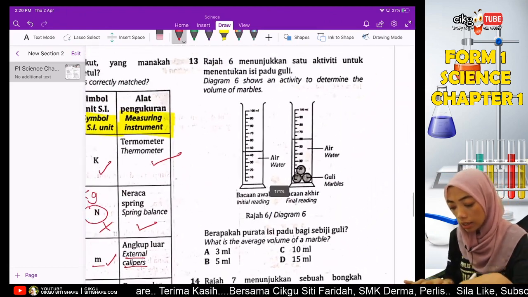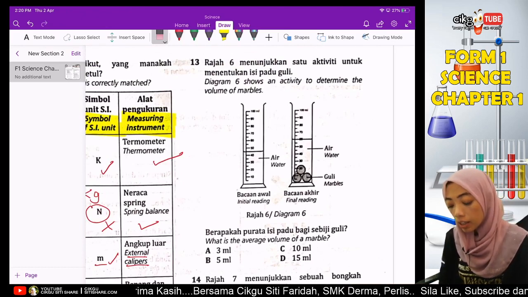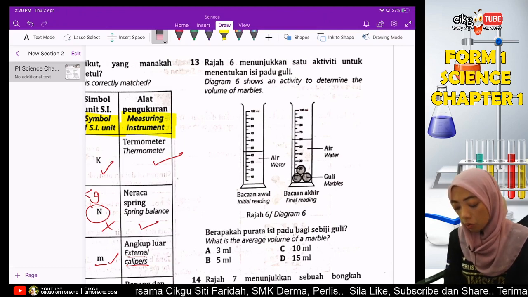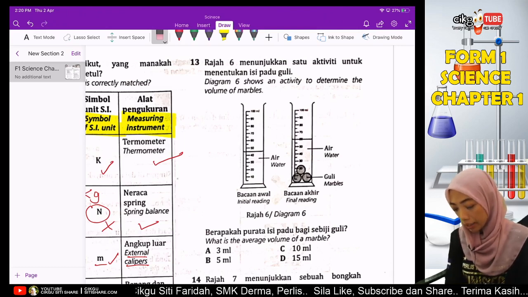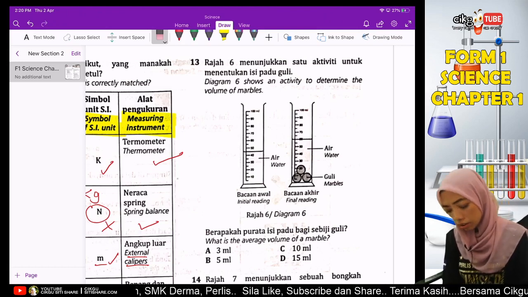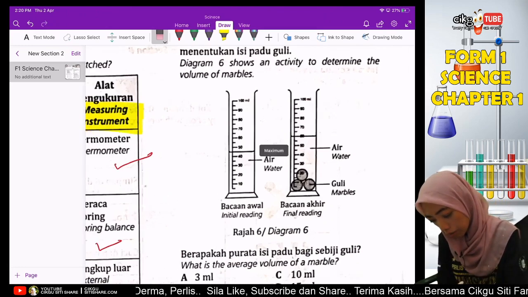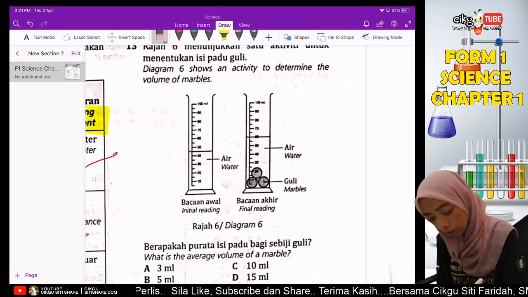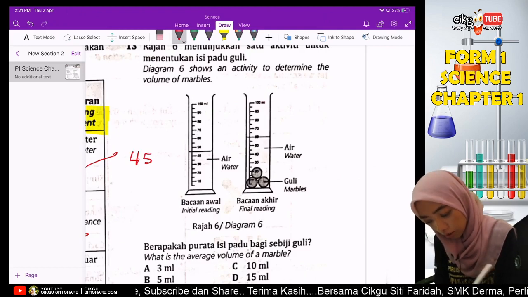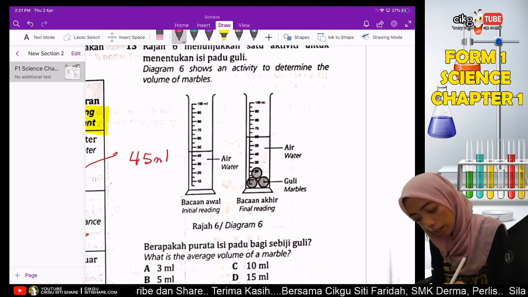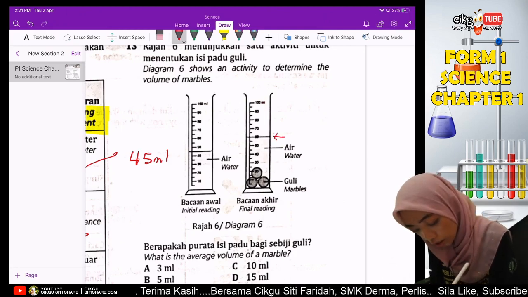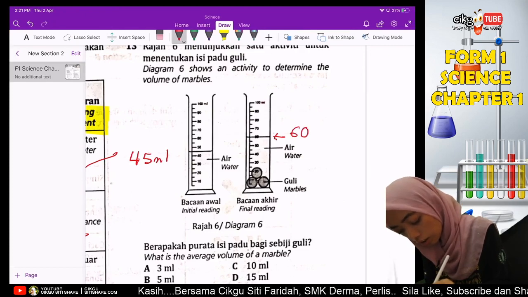So question number 13. Diagram 6 shows an activity to determine the volume of a marble. What is the average volume of a marble? You can see there are 3 marbles in the water, and we need to measure the volume of water only. Water only we can see 45 ml. And then when we add 3 marbles, there is an increase in the volume of water, which is 60 ml.